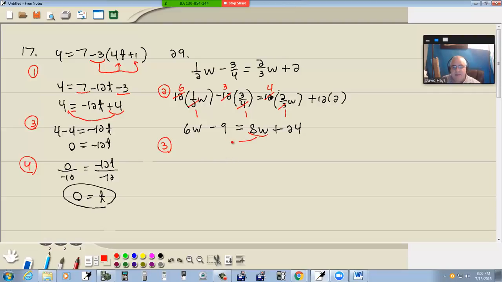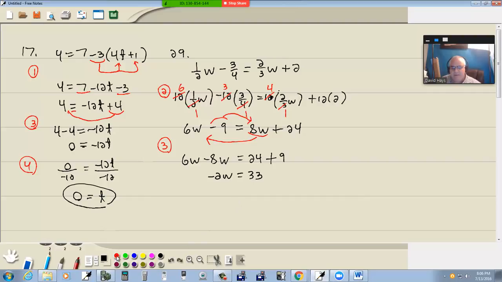So I'll take this 8W, move it to the left side, take this negative 9, and move it to the right side. You move anything across the equals, your sign changes. So the 8W becomes a negative 8W. The negative 9 becomes a positive 9. 6W minus 8W is negative 2W. 24 plus 9 is 33.